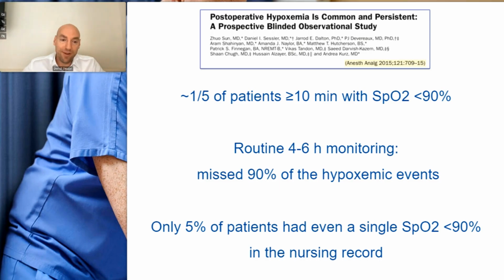And if you looked at the charts, only 5% of the patients had even a single SpO2 of less than 90% documented in the electronic health record. So hypoxemia, SpO2 below 90%, is common, but it is usually missed by our intermittent spot checks.